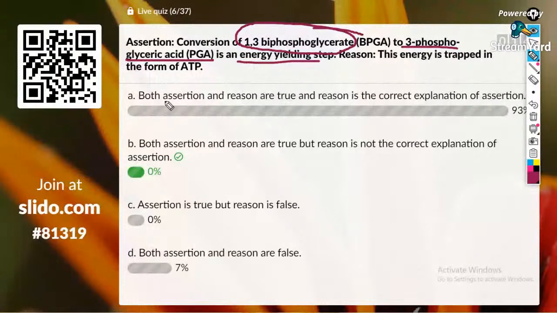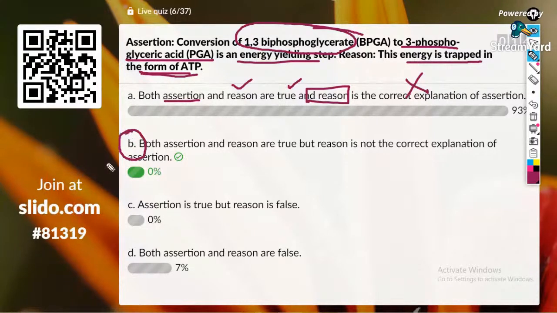You got it right, assertion is true. The energy is trapped in the form of ATP, that is, reason is also true. But reason is not the correct explanation for assertion. So the correct answer is option B. Clear? Next question.